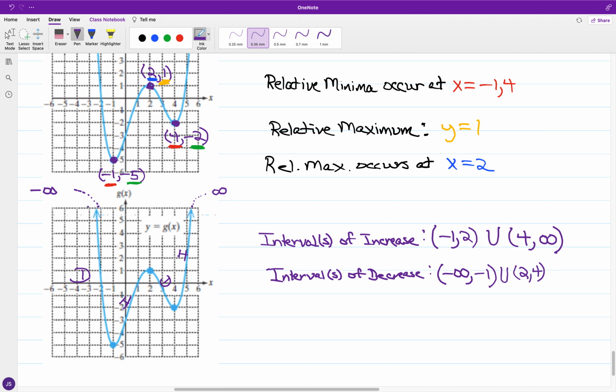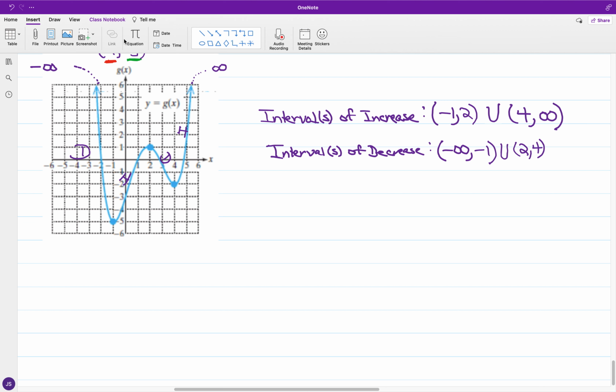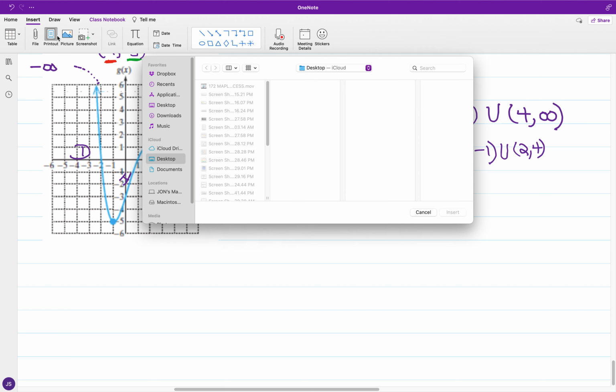Between -infinity and -1 to start, then between -1 and 2, then between 2 and 4, and then the last interval where we have increase, those values x greater than 4.